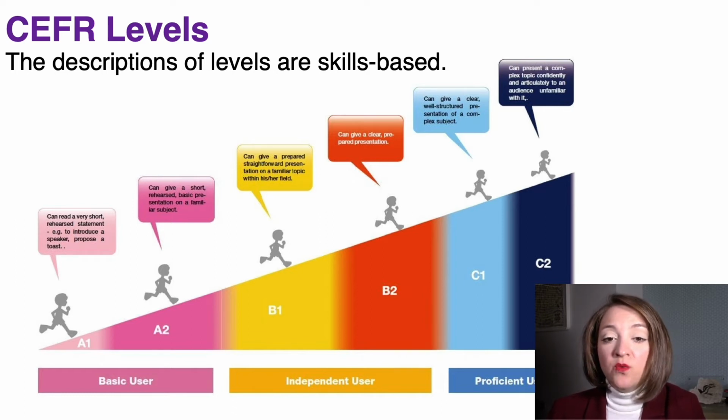Also in C1 and C2, the proficient user, we have a person who is fluently and flexibly able to communicate in a wide range of contexts, and also a highly proficient person who will be able to understand literature, to be able to communicate in front of audience his ideas and present his thoughts.